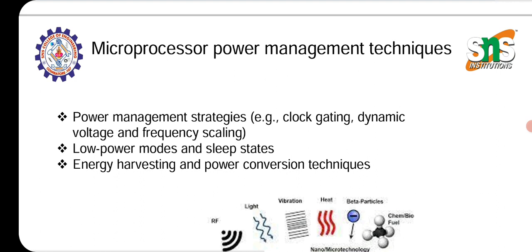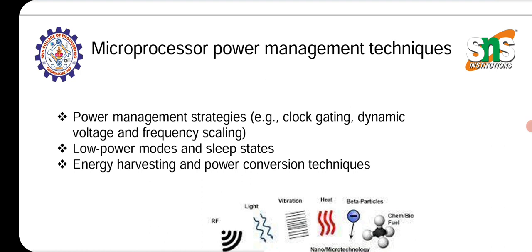And power gating, a technique in which the power supply to unused or idle parts of the microprocessor is turned off. This technique can significantly reduce power consumption when the microprocessor is idle or in sleep mode. The next ones are dynamic voltage and frequency scaling, instruction set architecture, and pipeline optimization.